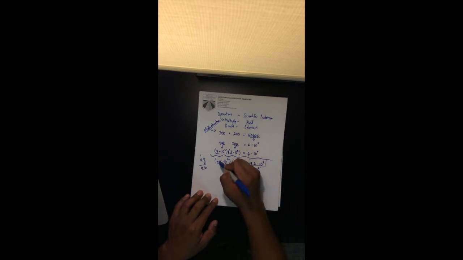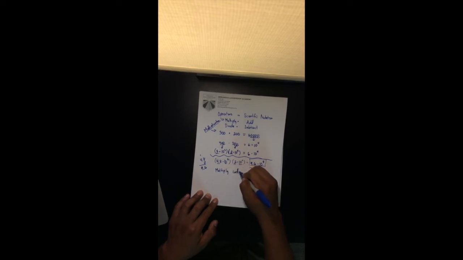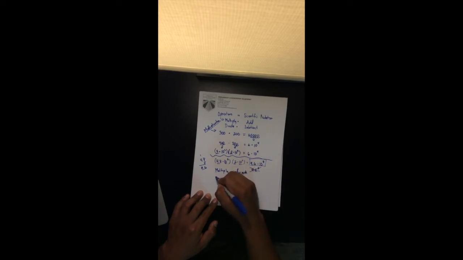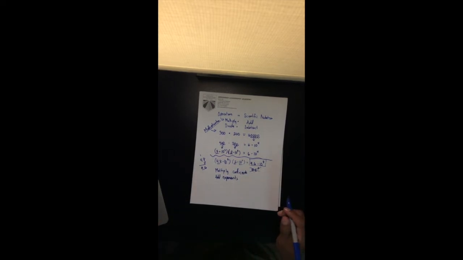Really, all I'm doing is focusing on the coefficients, multiplying them. So, multiply coefficients, and then add exponents. Nothing too difficult. It just takes some time to get used to, okay?